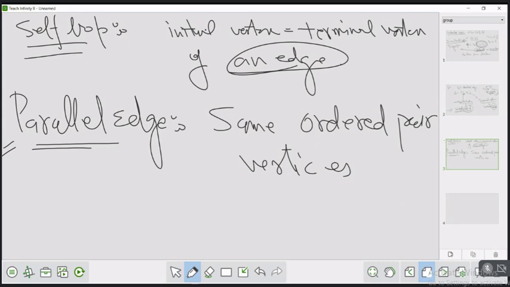Okay. Now we come to the degree of a vertex. So in the undirected graph, what is the degree of a vertex?